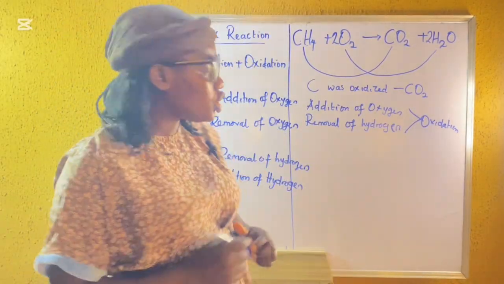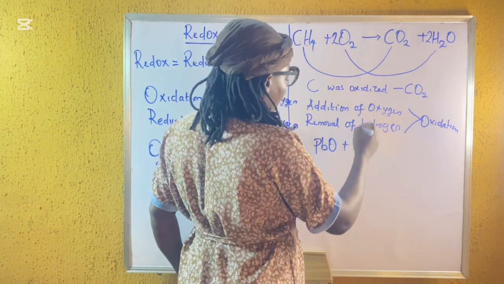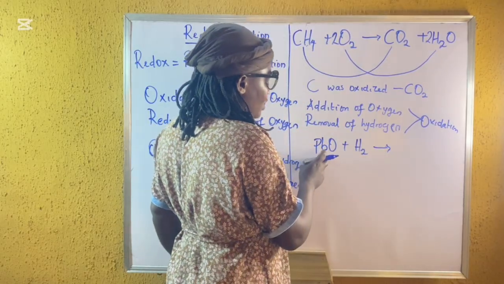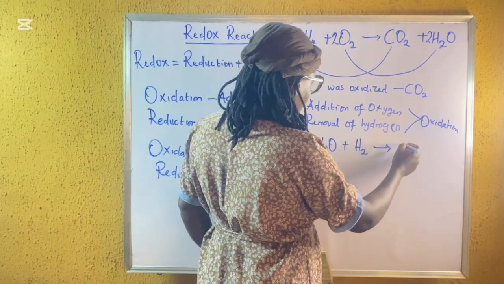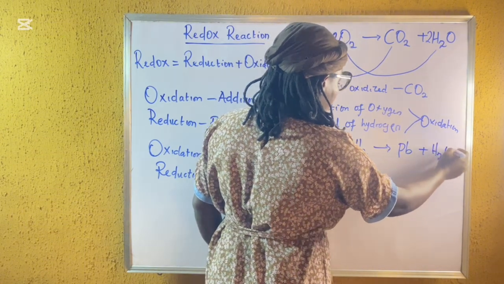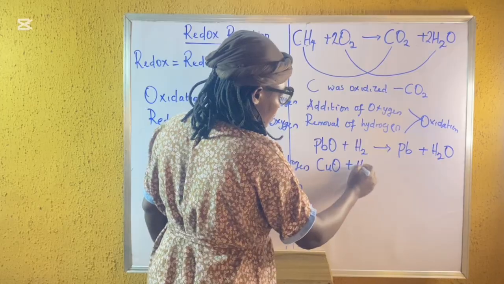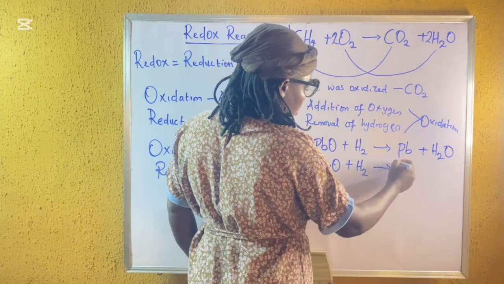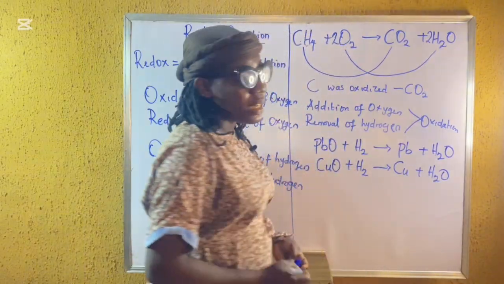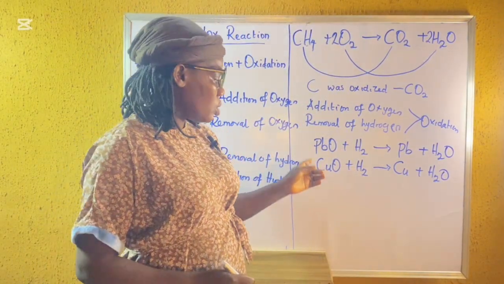Now let's look at reduction. Lead oxide plus hydrogen gives Pb and H2O. If I have this also, copper oxide plus hydrogen, I have Cu plus H2O. So let us look at this equation critically. What happens to this equation?